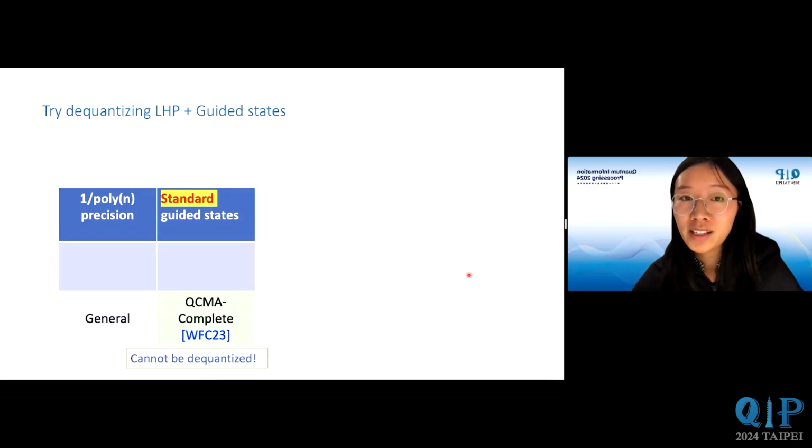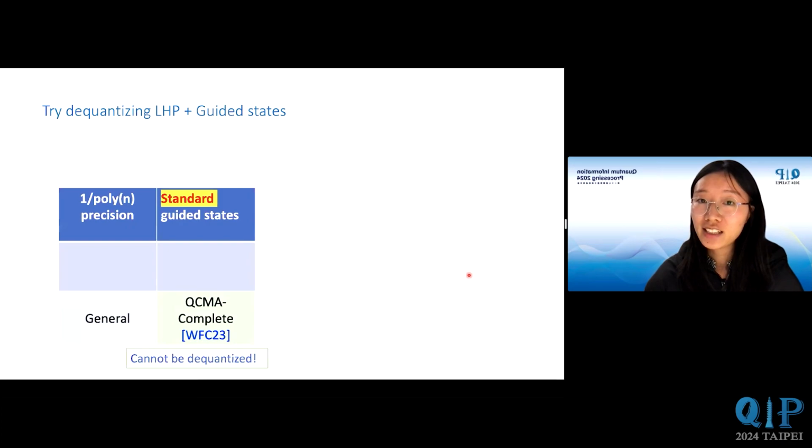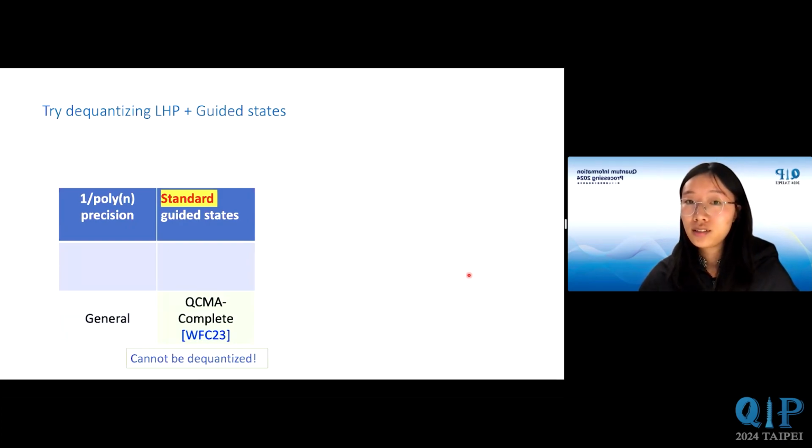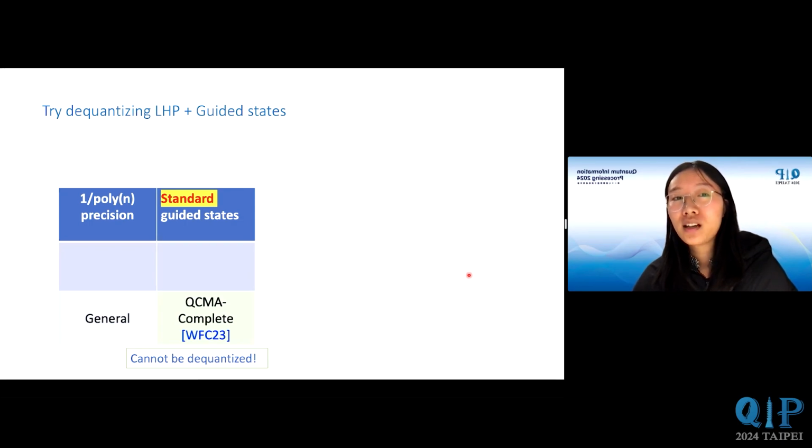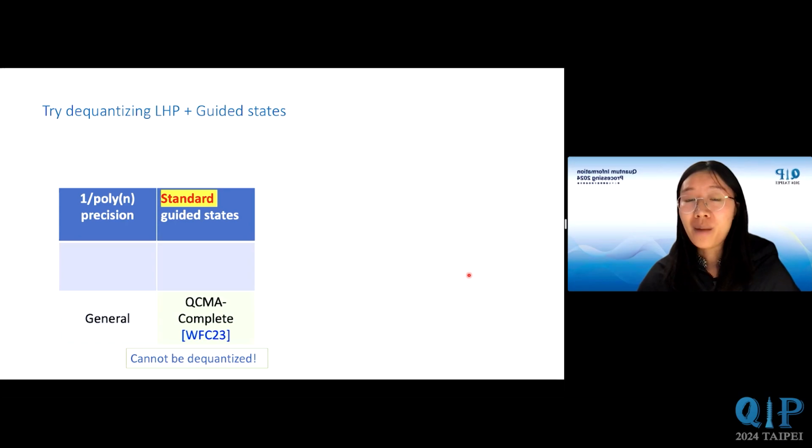Anyway, in summary, we have introduced what the local Hamiltonian problem with guided states is. And you will ask, okay, fine, but what's the relationship between this problem and the problem you are working on?